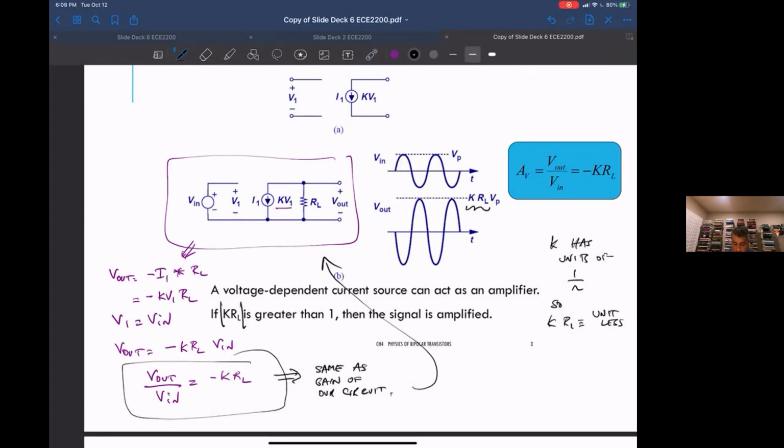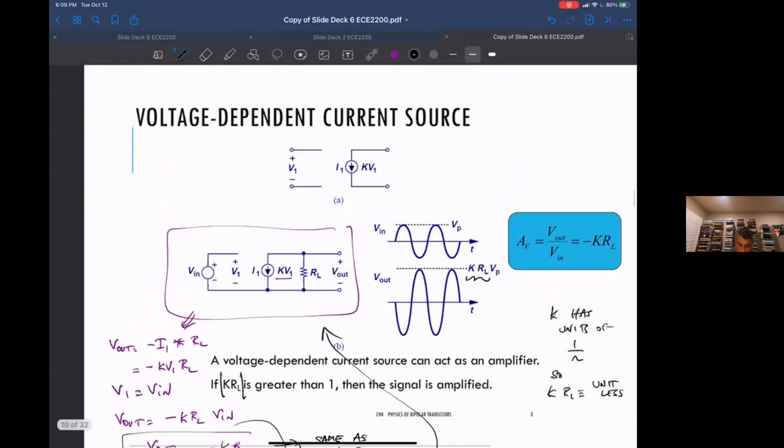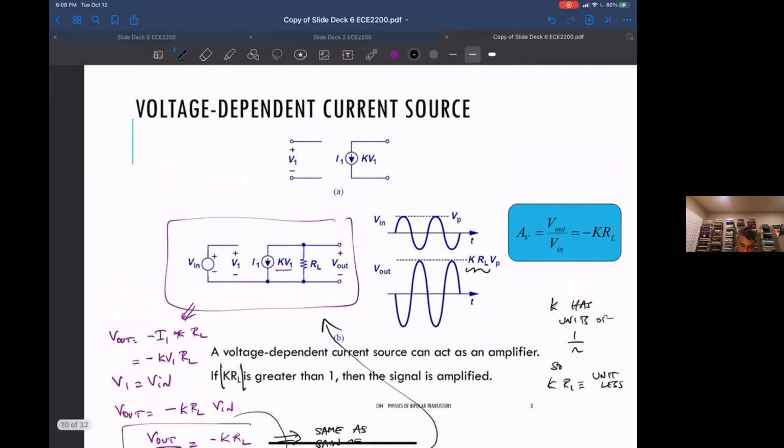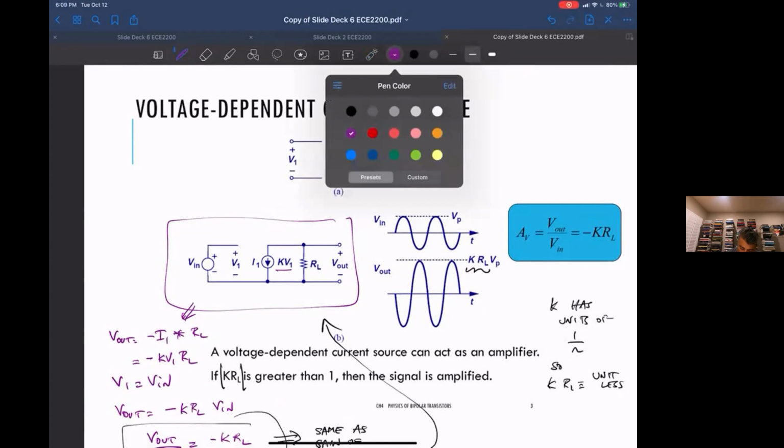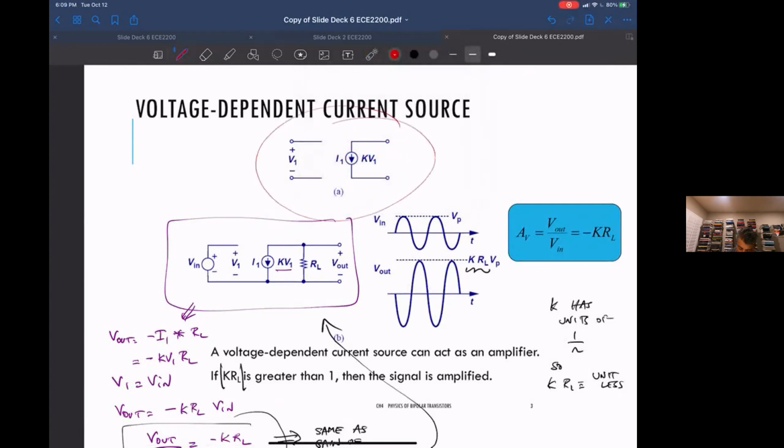The reason we're talking about this is it turns out that a transistor can be modeled as something like this, a more complicated version of this.